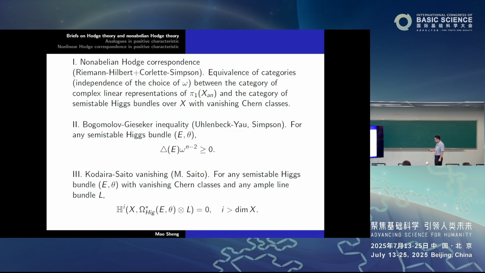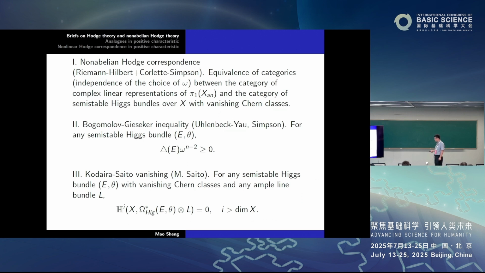And the third one is the so-called Kodaira-Saito vanishing. So this generalizes Kodaira vanishing in the sense that here we consider more general coefficients. The coefficient now is a semi-stable Higgs bundle (E, theta) with vanishing Chern classes.